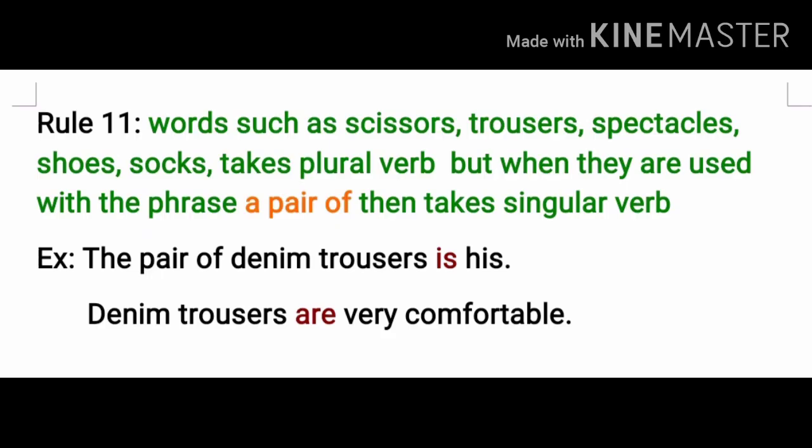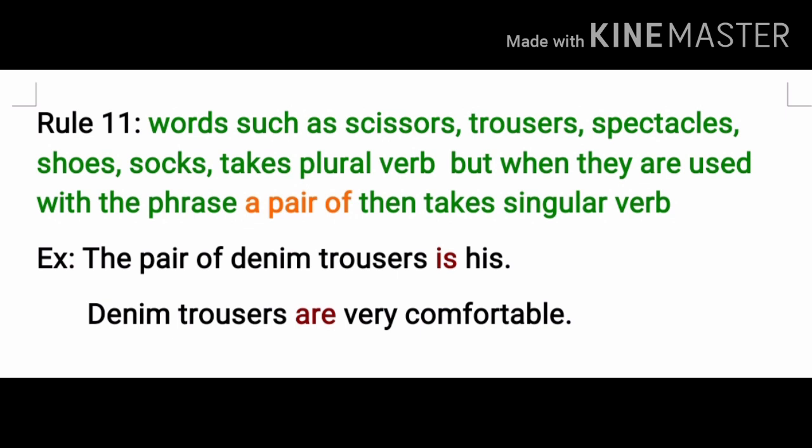Rule 11: words such as scissors, trousers, spectacles, shoes, socks take a plural verb, but when they are used with the phrase a pair of or the pair of, they take a singular verb. These words show the idea of two. When they are used alone, they take a plural verb, but with the phrase the pair of or a pair of, they use a singular verb.